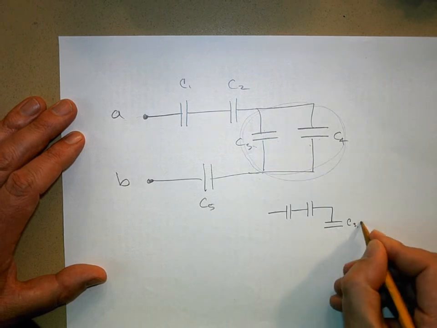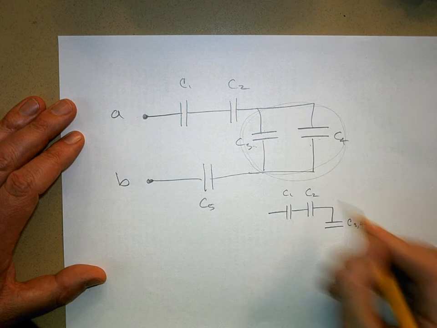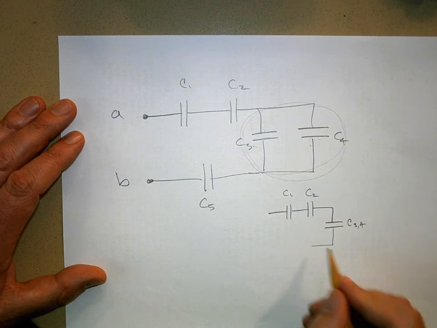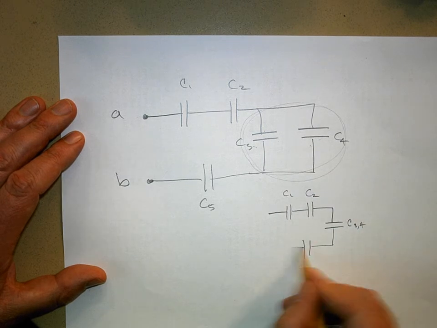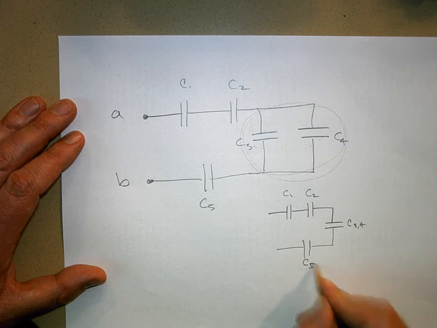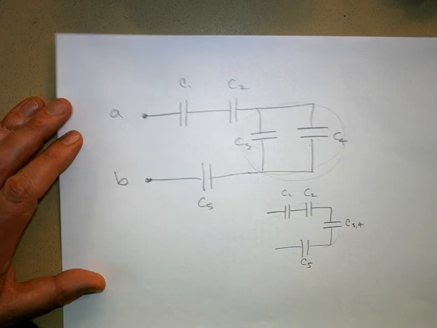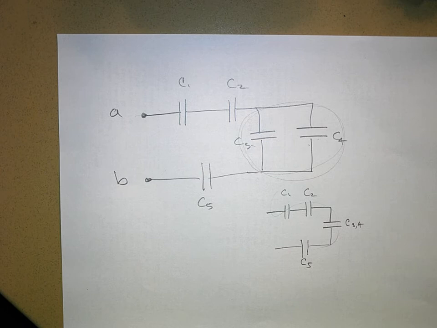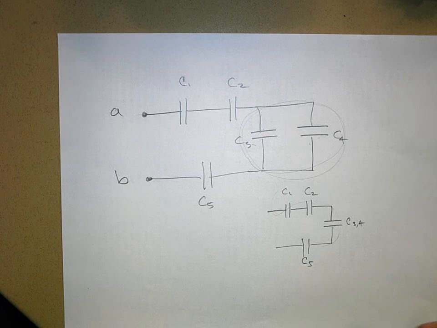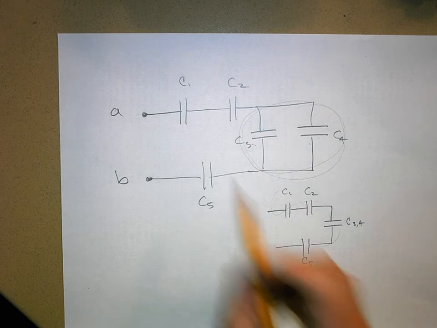C1, C2, C3, comma 4. Just to remind myself that that's the combination of 2 capacitors. And then here's C5. And then what am I going to do to these to get the equivalent capacitance? Yeah, exactly. They're in series. So you do the reciprocal thing. And that's pretty easy. So then once you have all of that, then you can back out.